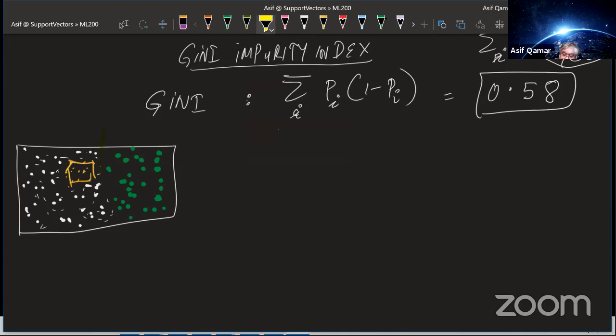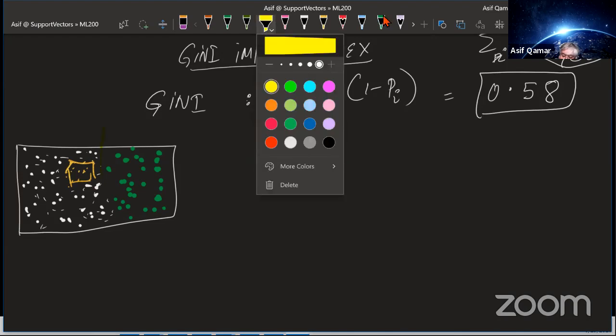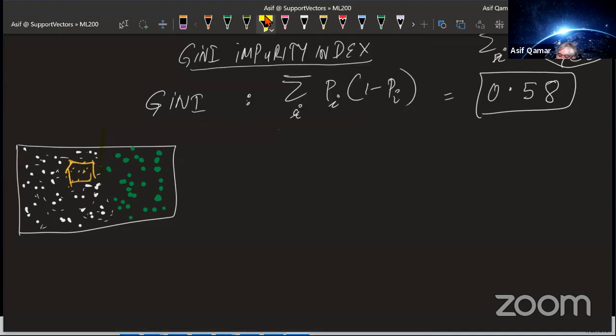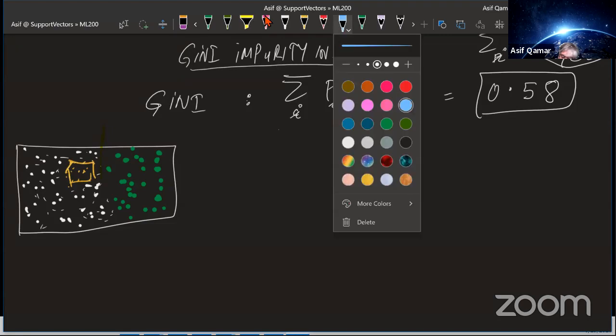Not useful. Let me try again. More colors, saturation, red. That also didn't help. Well, highlighter doesn't seem to be the right thing to use. I will use a color. Let's use blue again and use a thick version of blue.